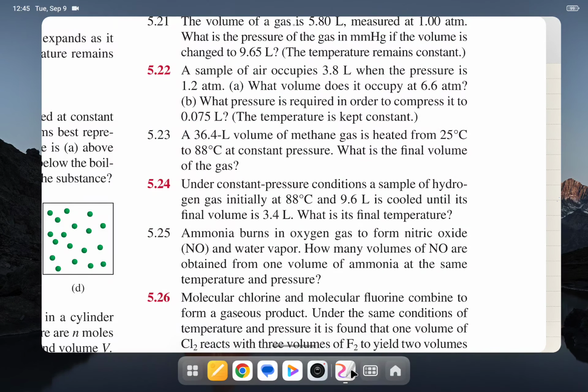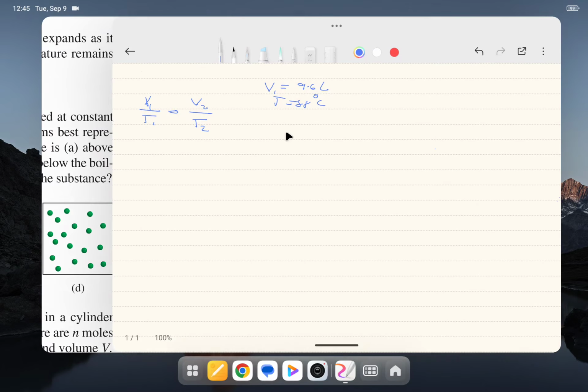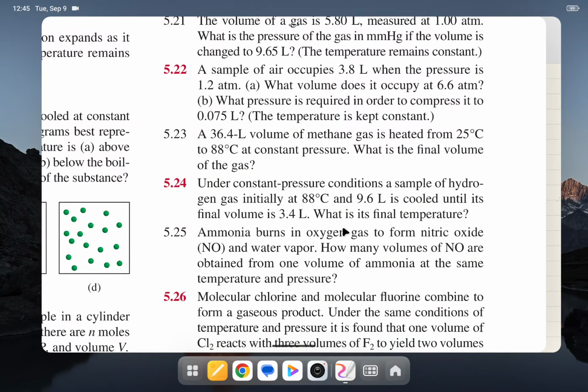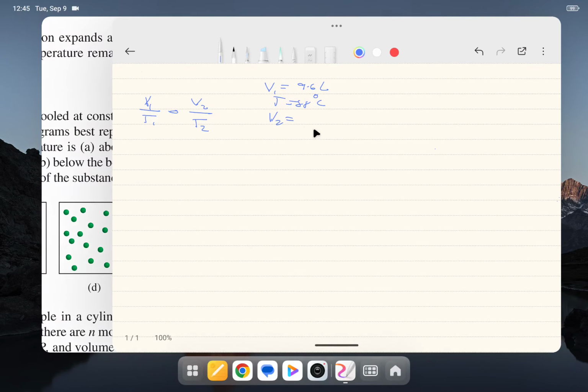Then your volume 2, your second condition, is 3.4 liters, and the question is the final temperature. So this is easy peasy.